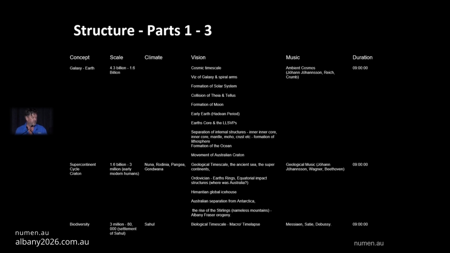Then we'll move to the next stage, looking at the supercontinent cycle, which is a fascinating cycle where parts of the Earth's land masses move around and intersect with each other and form supercontinents. They've formed multiple times over the history of the Earth. And as they move around the surface of the Earth, of course it has a connection with the development of biodiversity and evolution.